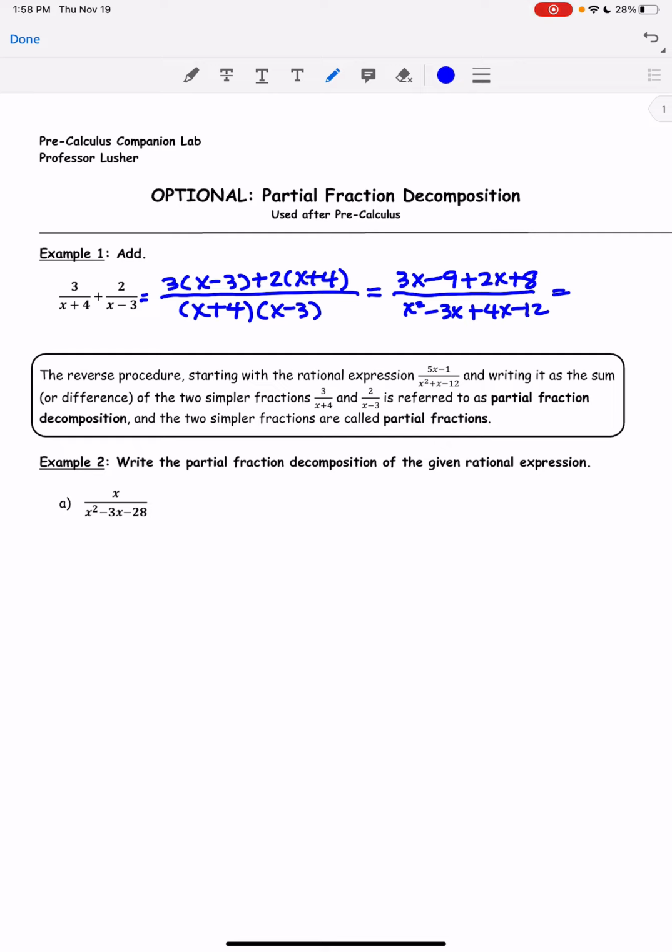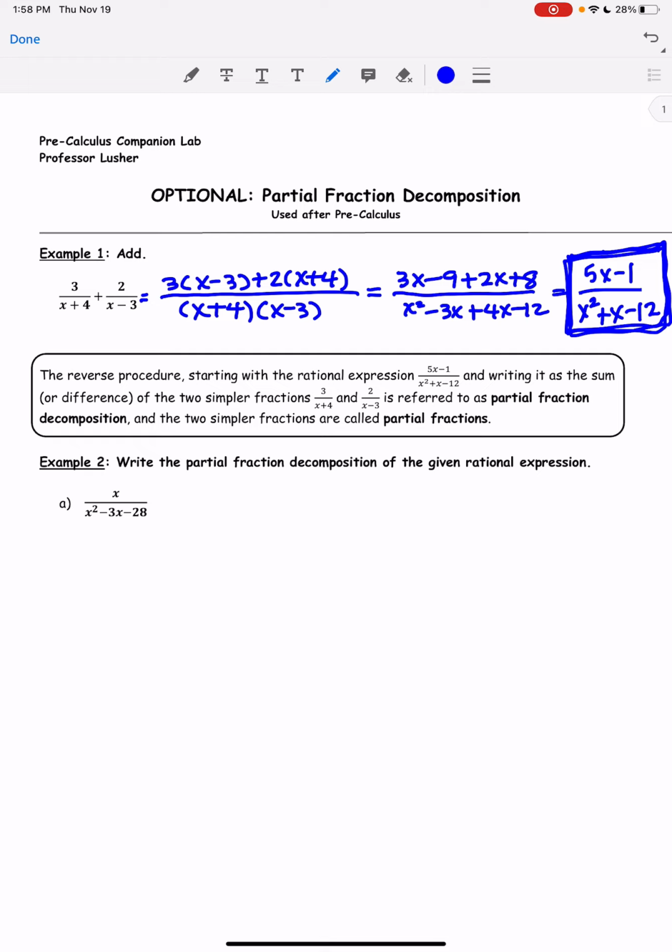So my final answer is 5x minus 1 all over x squared plus x minus 12. Okay, that's not too bad, right?